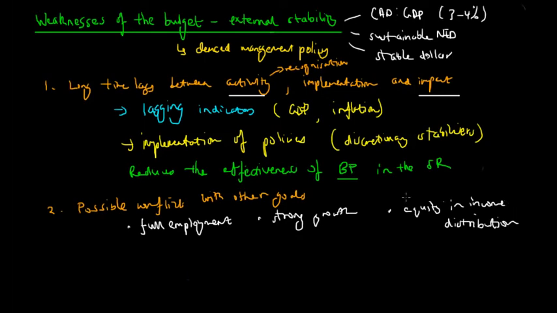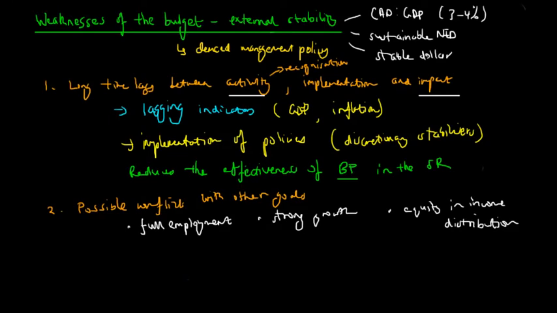Okay, so how does the achievement of external stability affect these three goals? Well, we talked about how external stability can be helped achieved by the budget through budgetary measures to slow aggregate demand.